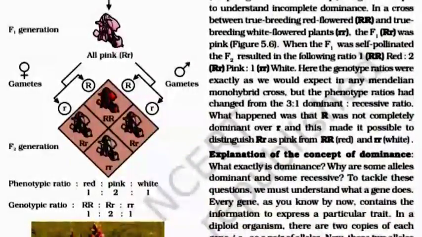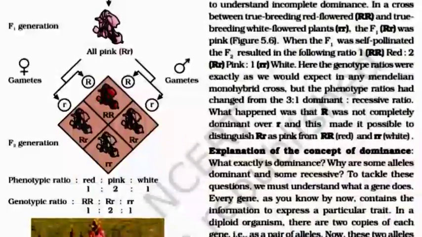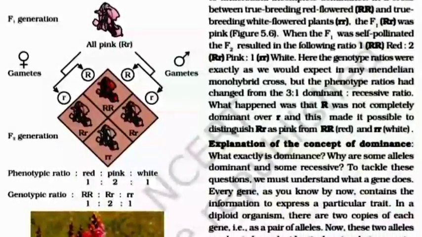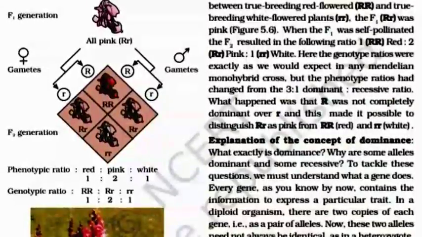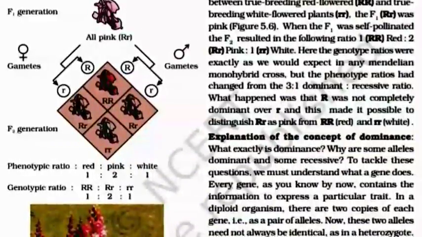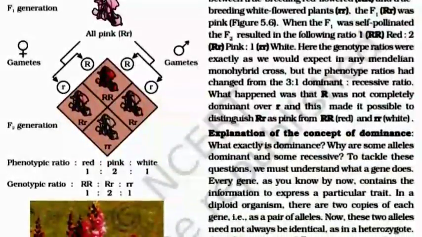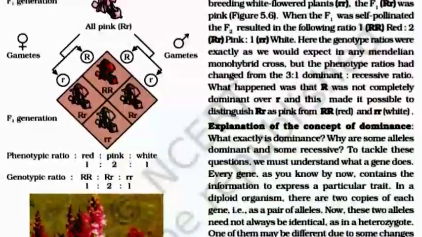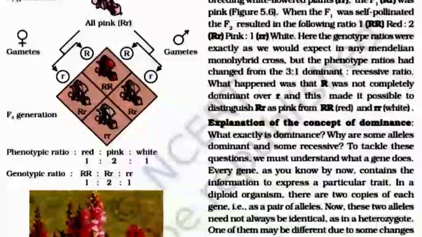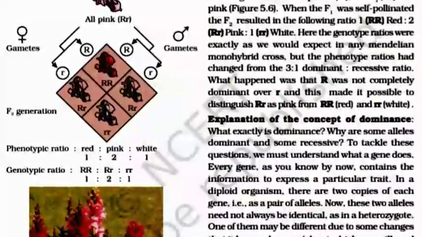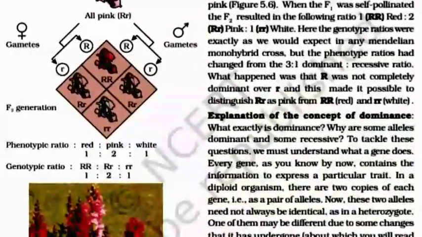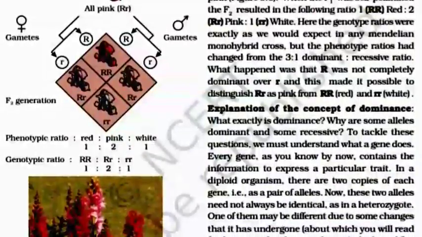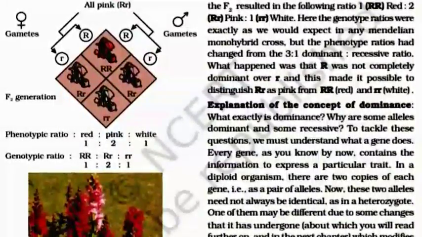When the F1 was self-pollinated, the F2 resulted in the following ratio: 1 capital R capital R red, 2 capital R small r pink, 1 small r small r white. Here the genotype ratio was exactly as we would expect in any Mendelian monohybrid cross, but the phenotype ratio had changed from the 3:1 dominant-recessive ratio.